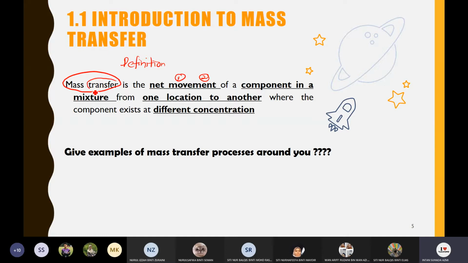As we say, transfer means there is a movement, net movement. Then movement of what? The component: net movement of a component in a mixture. Where does it move? It moves from one location to another location, where the component exists at different concentrations. So please remember, mass transfer will happen when there is a difference in concentration for point 1 and point 2.